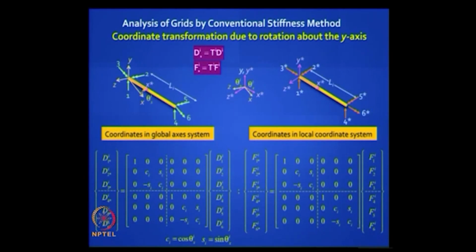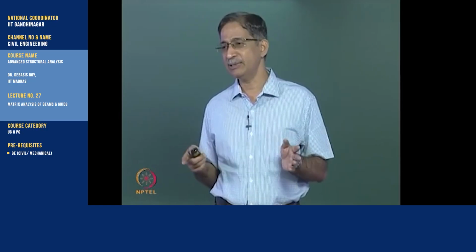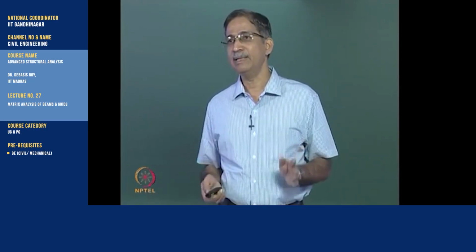D1 does not change because that is a translation in the y direction, in the vertical plane. So D1 does not change, so you have 1 there, and the rest of the transformation comes from your rotation, and so it follows a familiar pattern, cos theta, minus sin theta, cos theta. I hope this is not difficult for you. We have done this kind of transformation earlier, exactly the same way. It is very easy to remember and we need to apply it.